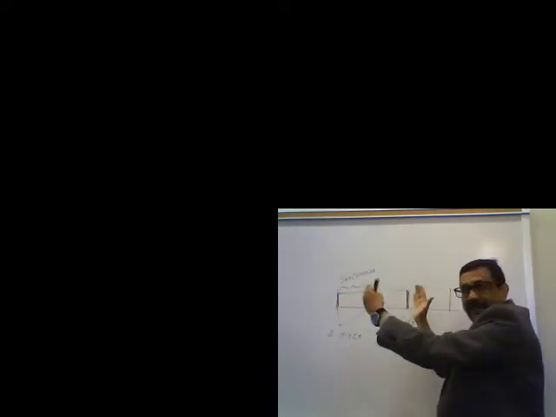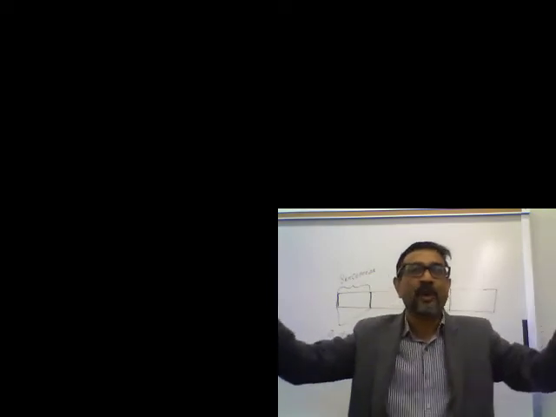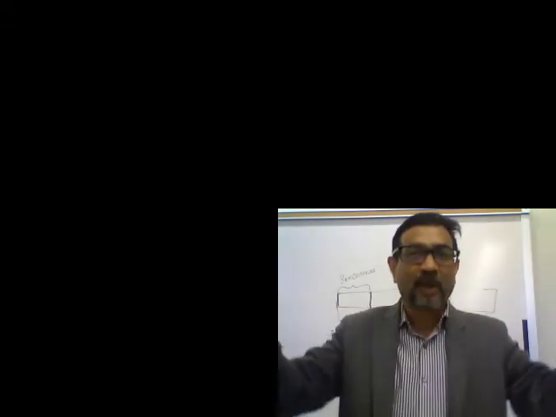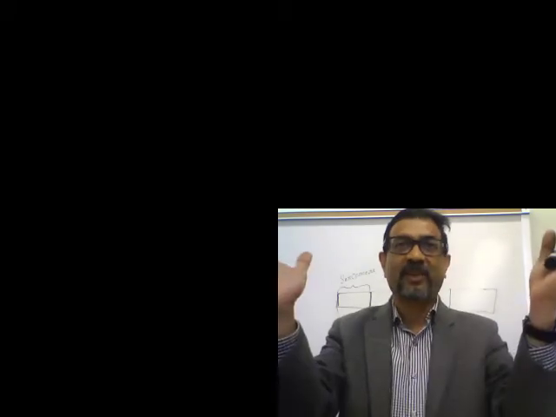So when all the sarcomeres inside the myofibril get shorter, the whole myofibril gets shorter. Make sense? When all myofibrils inside the muscle fiber get shorter at the same time, the whole muscle fiber gets shorter. When all muscle fibers within the fascicle get shorter at the same time, the fascicle gets shorter, right? And when all fascicles within the whole muscle get shorter at the same time, that's the contraction of the muscle.